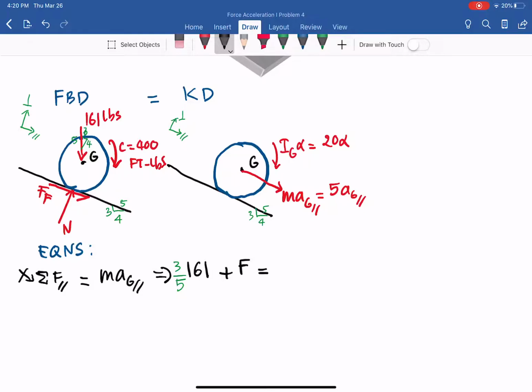So on the left side you will have m aG parallel, in this case 5 aG parallel.